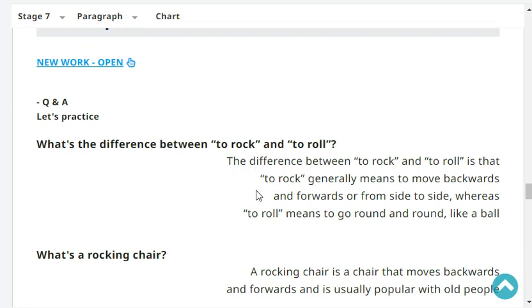A rocking chair is a chair that moves backwards and forwards and is usually popular with old people. What's a rocking horse? A rocking horse is a wooden horse made for children which rocks backward and forwards.